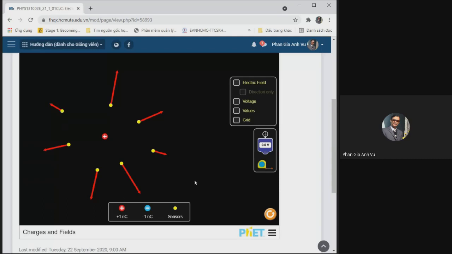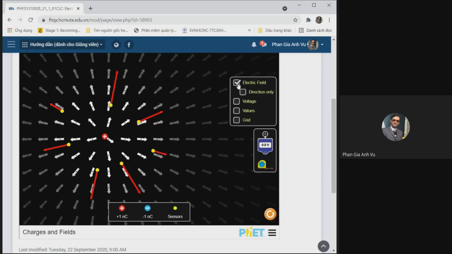When I put a positive charge here, the charge will be exerted by a force along this vector. When I put a negative charge here, this charge will be attracted to the source charge. When I want to test all the places, I click on this checkbox, and then you can see the field everywhere in the plane.